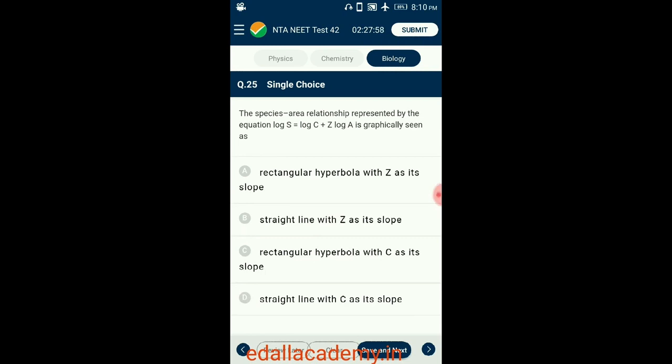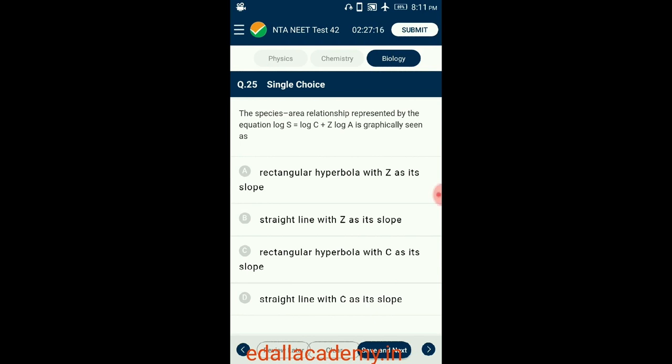Question number 25. The species area relationship represented by the equation log S = log C + Z log A is graphically seen as. On a logarithmic scale, the species area relationship is a straight line described by the equation log S = log C + Z log A, where S is species richness, A is area, Z is the slope of the line representing the regression coefficient, and C is the Y intercept.